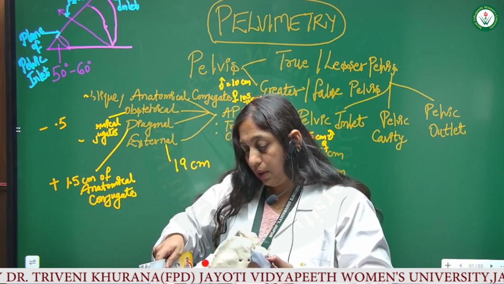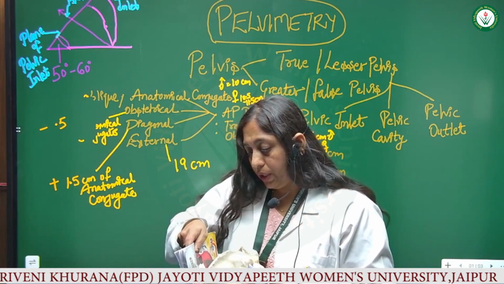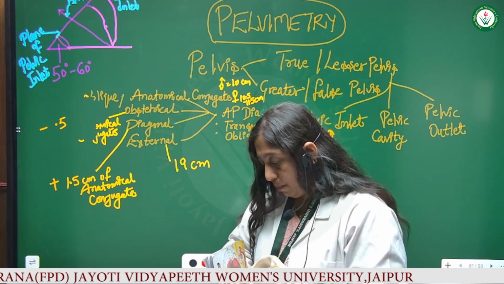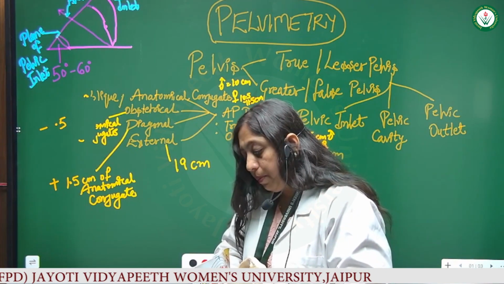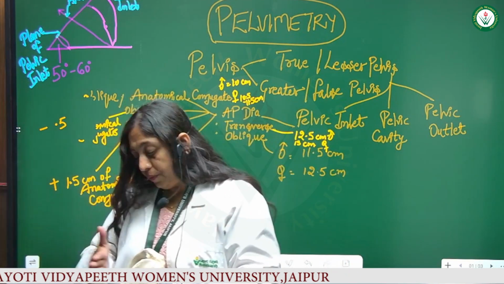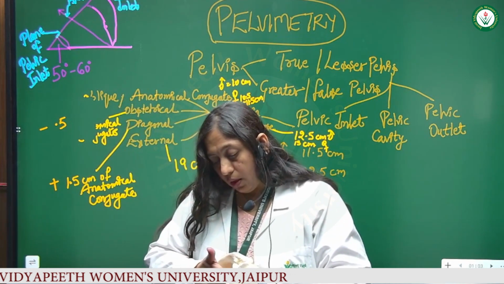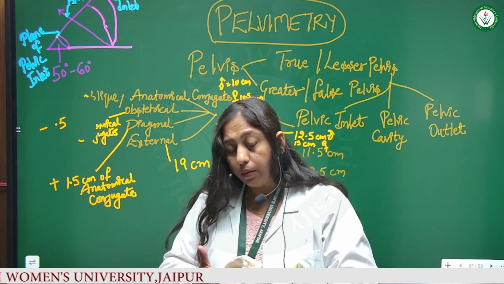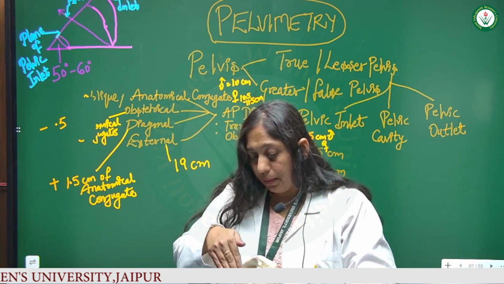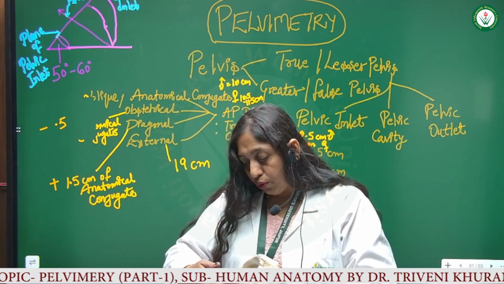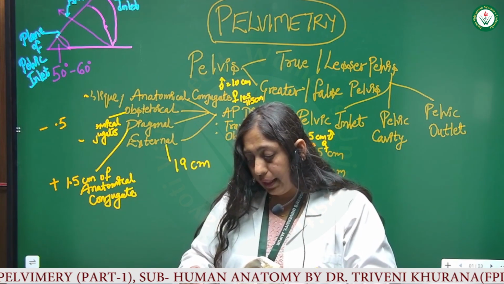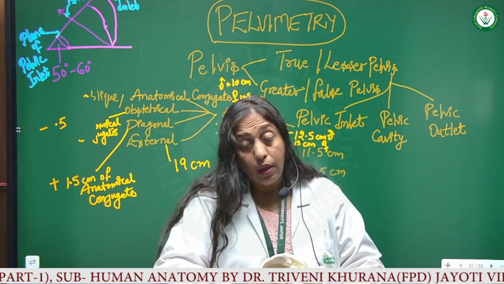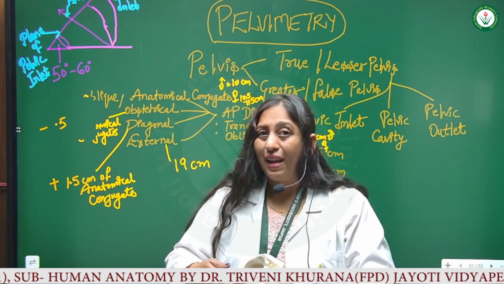So when we put our bony pelvis in the anatomical position in such a manner, the ASIS of both sides and the pubic symphysis lie in the same coronal plane. तो इस हिसाब से हम अगर देखेंगे कि हमारा जो anatomical plane है it is more commonly forward and downward. तो this is the plane of our inlet. एक्सिस की बात करें, इसी प्लेन से जब आप इमेजिनरी लाइन ड्रॉ करेंगे परपेंडिकुलरली, तो जो आपकी इमेजिनरी परपेंडिकुलर लाइन है, जो फॉरवर्ड एंड है उसका that is on your umbilicus and the lower end is directed on the uterus. This is the axis of your pelvic inlet.